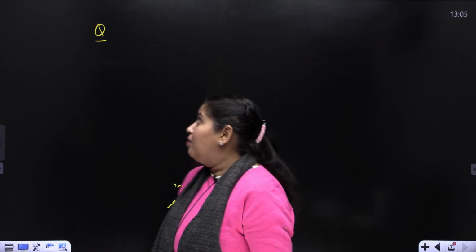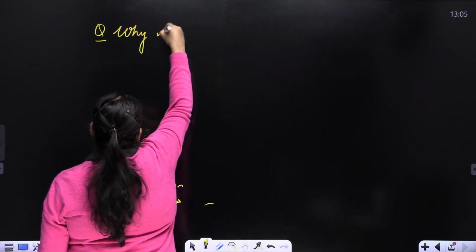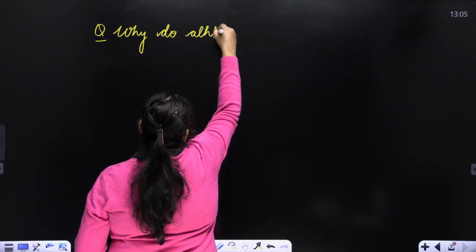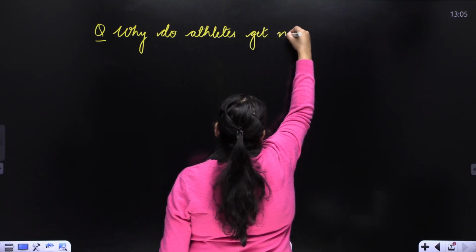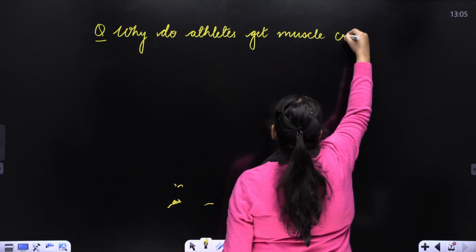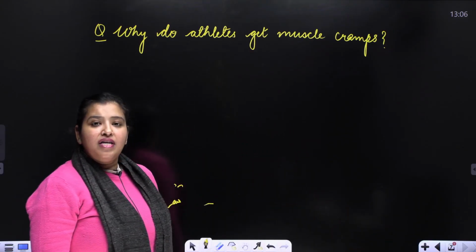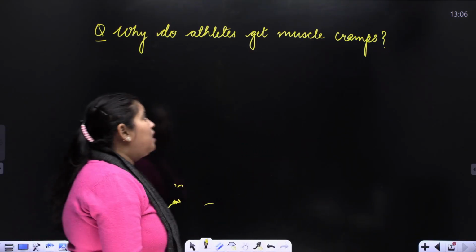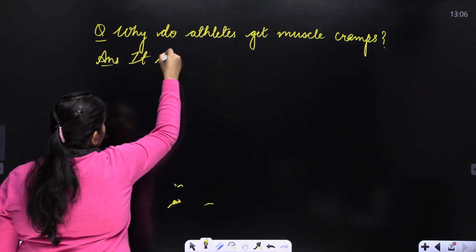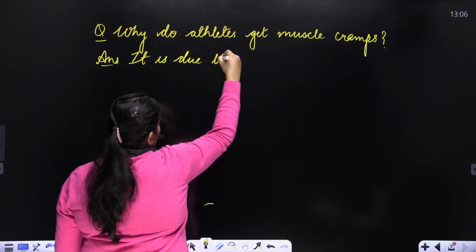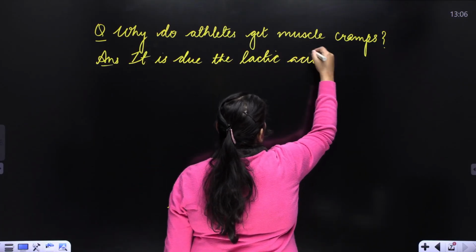Am I clear? Now, the question that is often asked, why do athletes get muscle cramps? And the reason for getting muscle cramp is the accumulation of lactic acid.